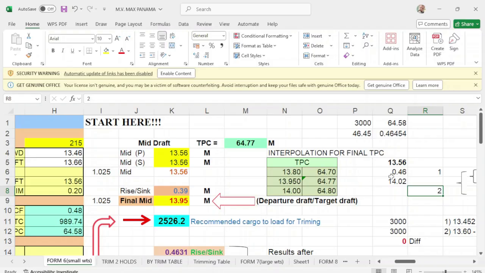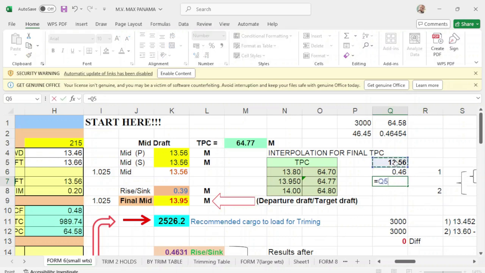Now, this is your mid drop from the initial drop. If you add this, your present drop plus your sinkage, your departure drop will be 14.02.